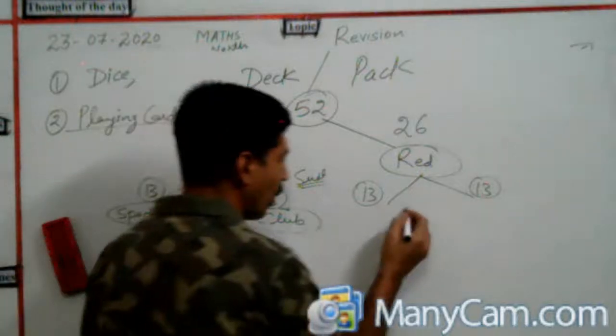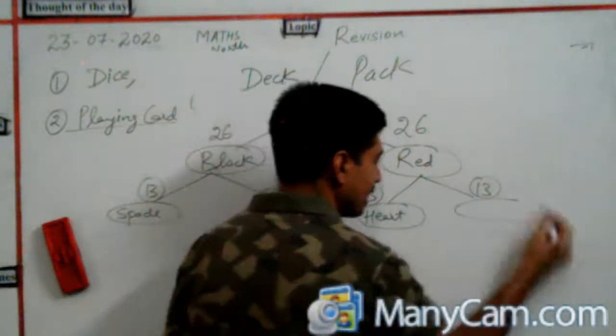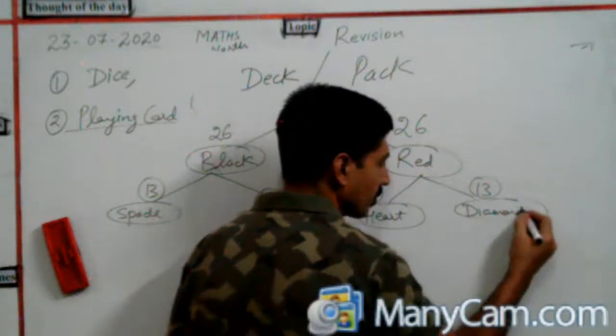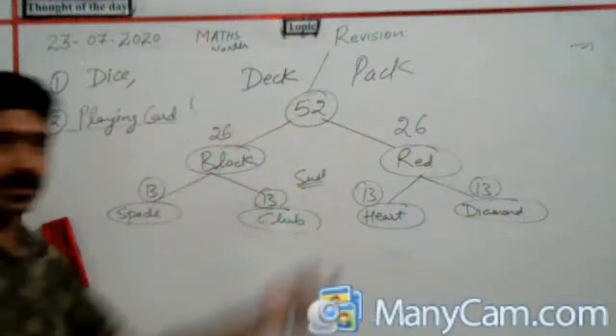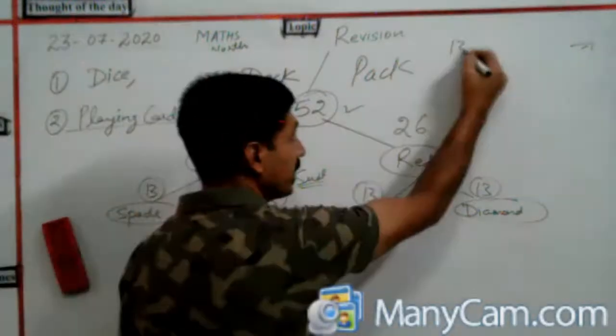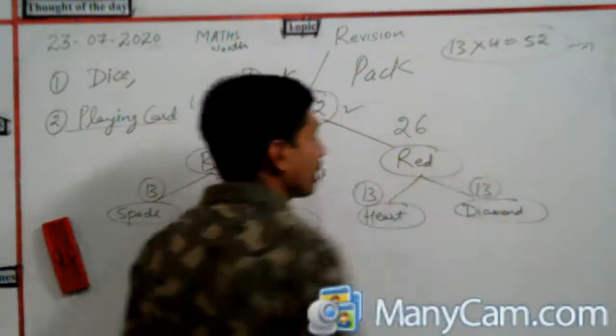Here these are called heart, and these red ones are called diamond. So 13, 13, 13, 13, four times is 52. We have 13 of each suit and a total of 52 cards.